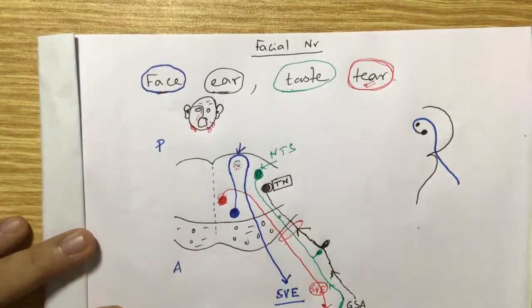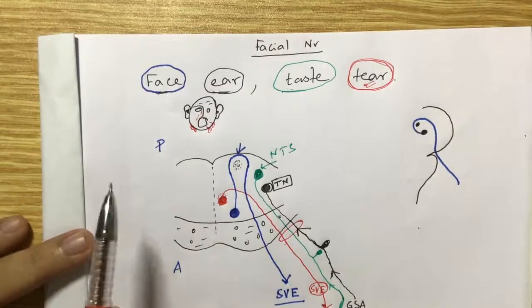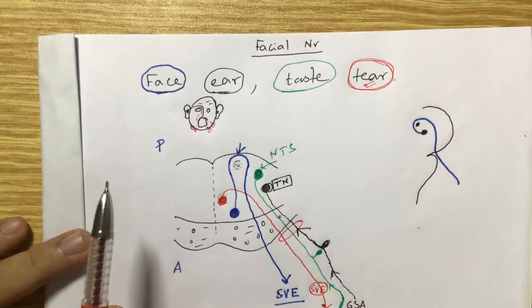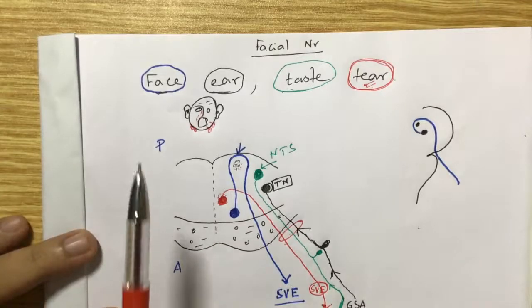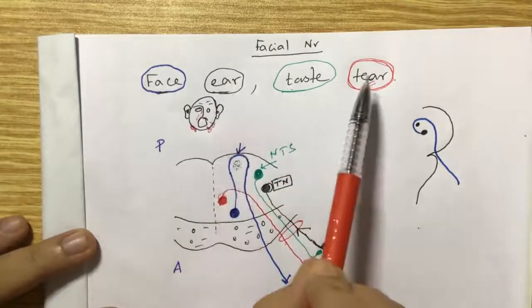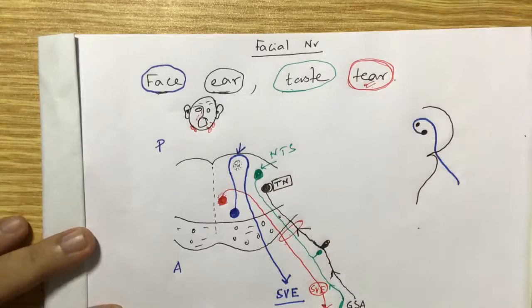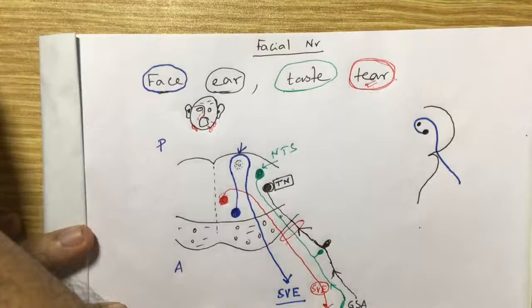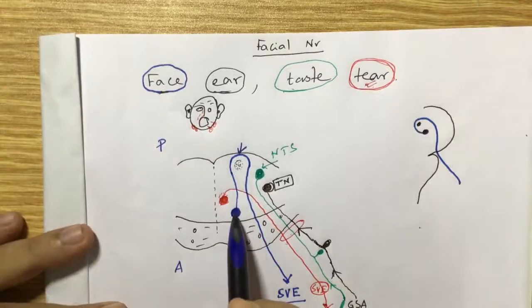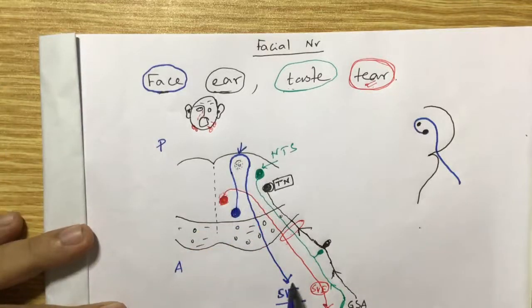So see, again I am going to repeat the functional components and the nuclei. How will you remember? Face, ear, taste, tear. Face, this is the motor nucleus which is going to supply all the muscles of facial expression and all other muscles developed from the second branchial arch, and that is a special visceral efferent.